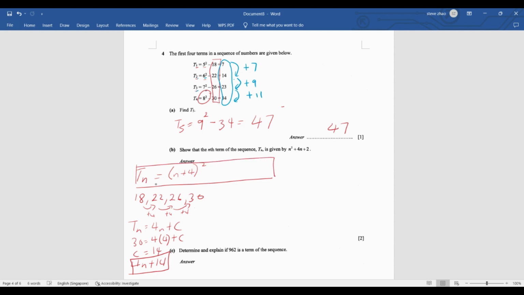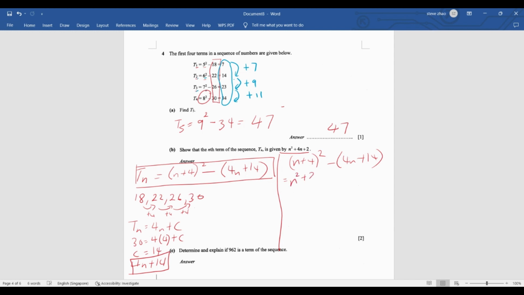Okay, what do you do next? This is the part where you're supposed to minus. So you put it behind. Minus, put bracket, of course, 4n plus 14. Okay, this is not the form that they want, so simplify it. I'm just going to write it again here. n plus 4 square minus bracket 4n plus 14. Go and simplify. Use your manipulation skills.